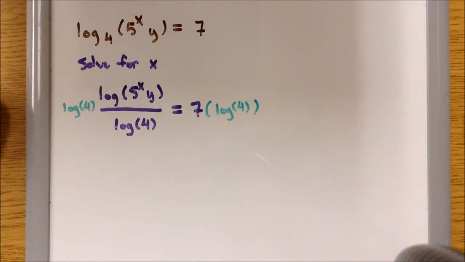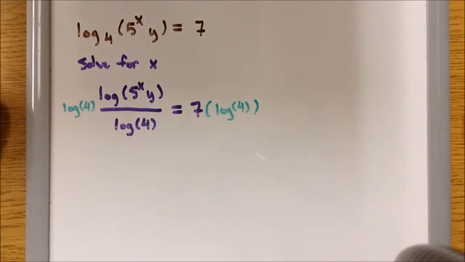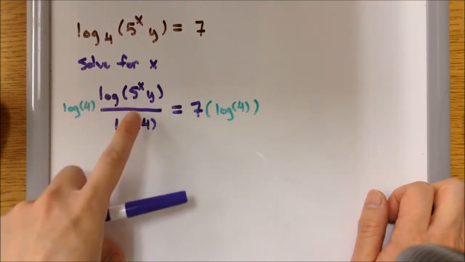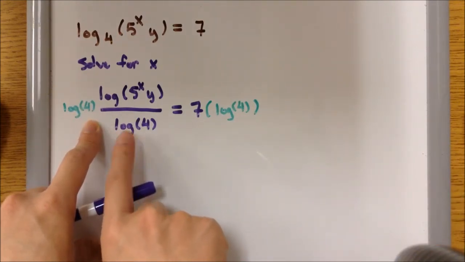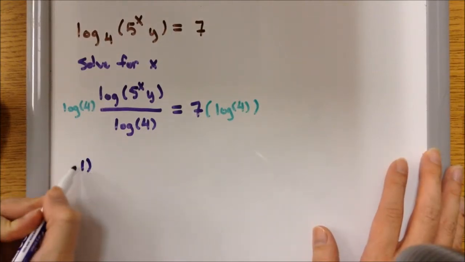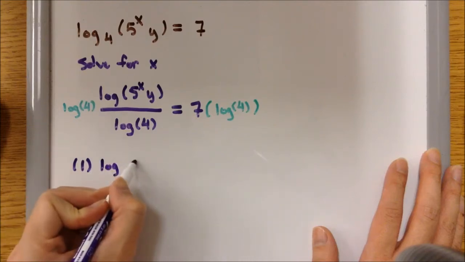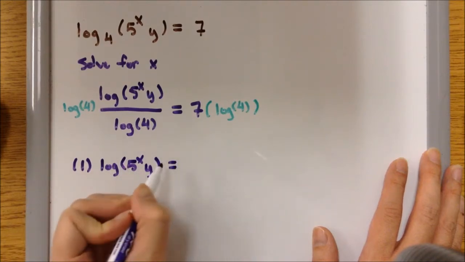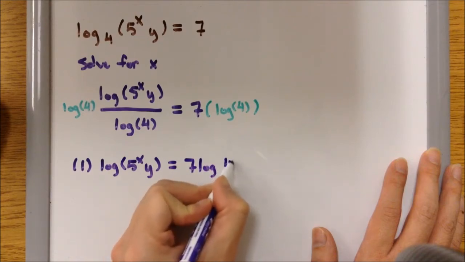So again, when it's log 4 times the fraction multiplied to the numerator, log 4 is going to be divided by log 4, that's just going to be simply 1. And then I'm left with just the numerator, so log of 5 to the x power times y equal to 7 log of 4.